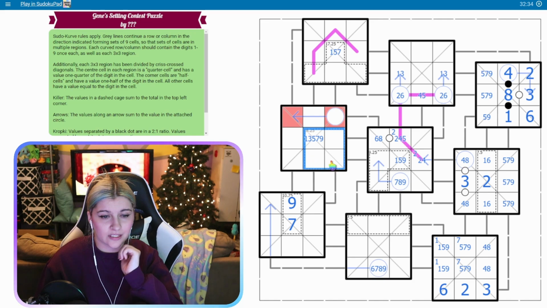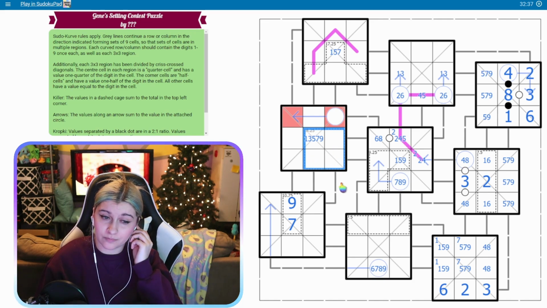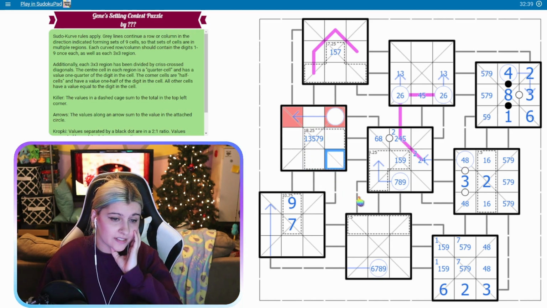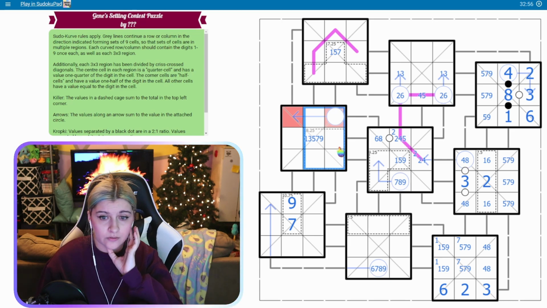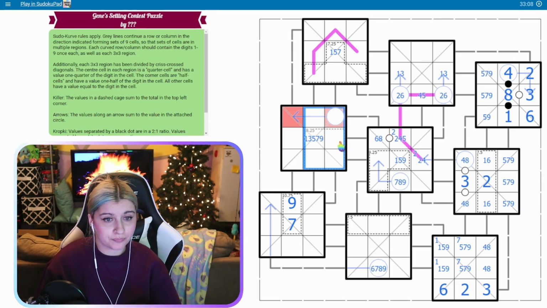I haven't really looked at this again, and 18 is a decently big number. For one of these to be halved, I can't have a 9 here, so 9 needs to go here somewhere. I see 9 anywhere else. I'm not sure. Okay.